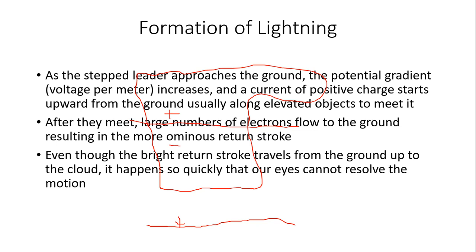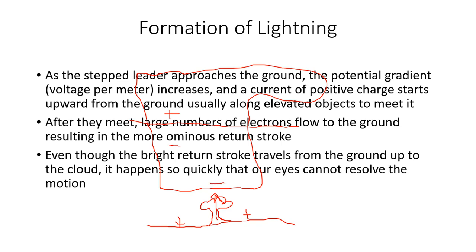And let me just draw out something here. Let's imagine that this is a tree. This is a tree right here. What's going to happen here in the shadow of the thunderstorm cloud is you're going to get positive charges that are going to move up tall objects, such as this tree.